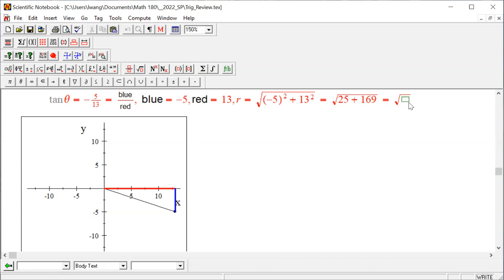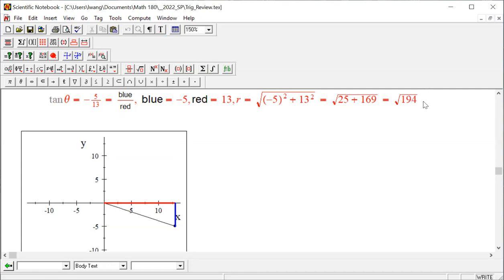Is it going to be 194, right? 25 plus 169 is 194. Good, we got it.